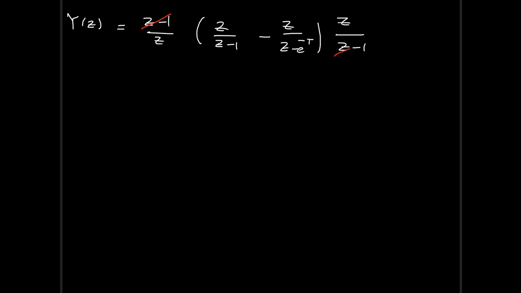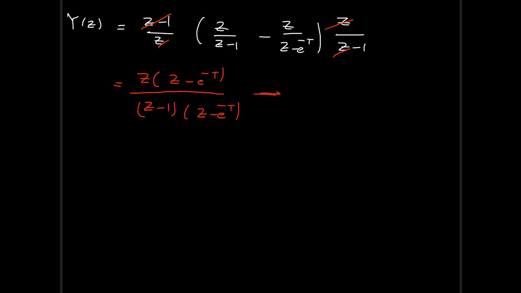Now this will cancel this one, this will cancel this one, and we will end up with z minus exponential minus T over z minus 1, z minus exponential minus T.